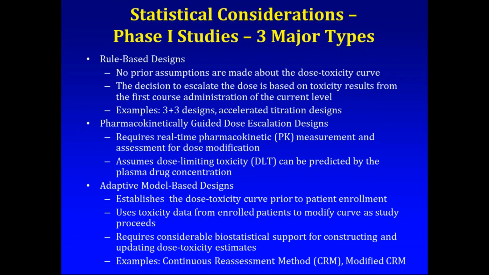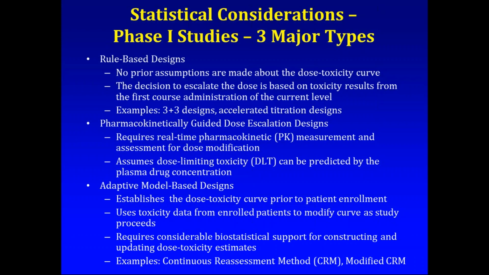As you can see, they require assumptions, you need real-time pharmacokinetic measurements before you even design the study. And you would have to assume that the dose-limiting toxicity can be predicted by plasma drug concentration or similar measures. And those are quite strong assumptions, so that's probably why those designs are rarely used.